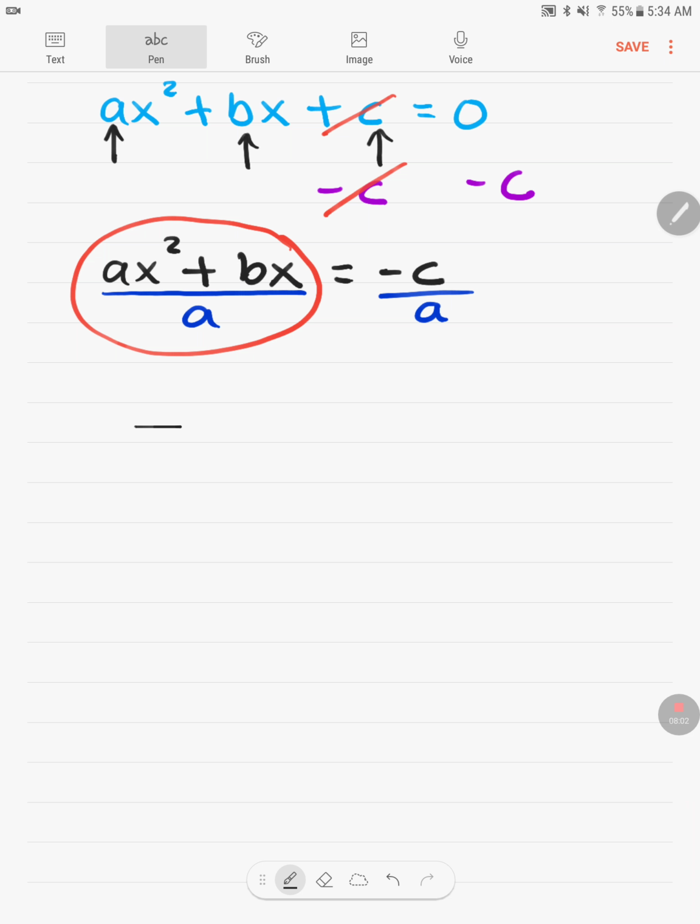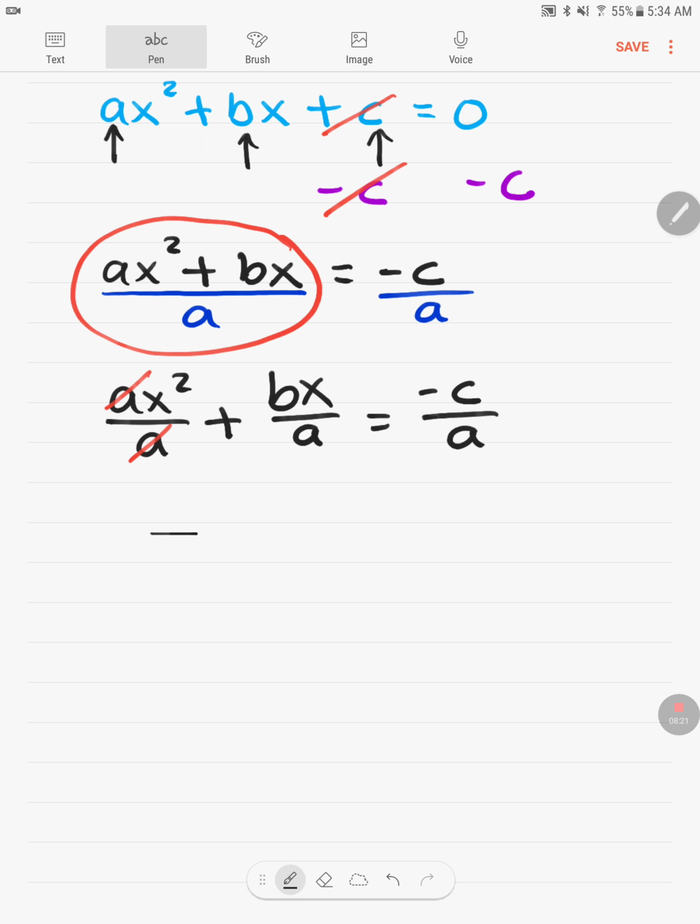So we could actually rewrite this as ax squared over a plus bx over a. Now we get to this form of this equation. A cancels with a, and we have x squared plus b over a x is equal to minus c over a.